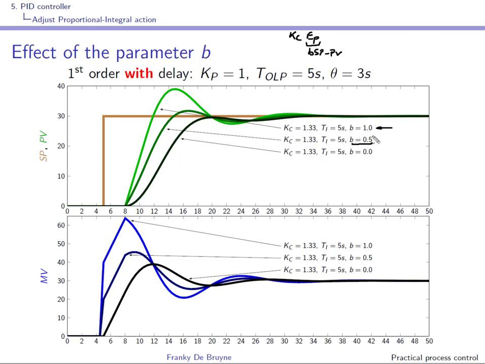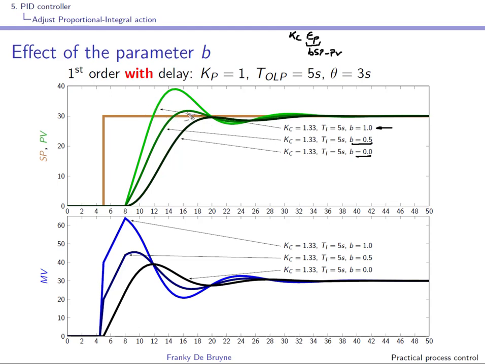With a parameter B of 0.5, the proportional kick has been reduced by half, and we count on the integral action to bring PV onto set point, and this is causing less overshoot. And even if you decrease B, you can see that the response is still acceptable. Of course, the response to a set point change is now slower.